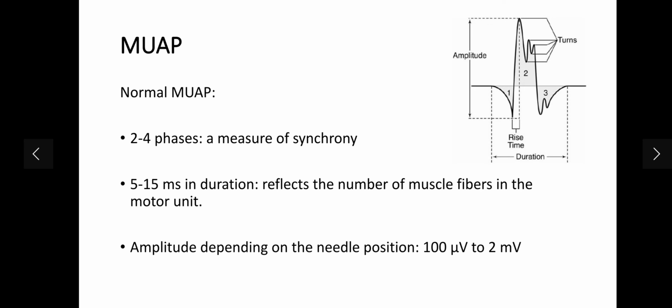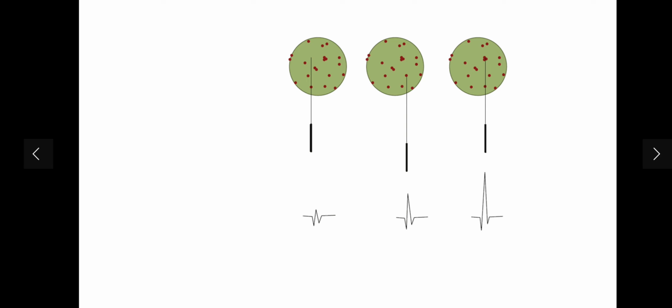If the needle is close to the muscle fibers, it will record a motor unit action potential that's high in amplitude and sharp. But if the needle is away from the muscle fibers, the amplitude will be smaller. So the amplitude itself is not a very good measure of the size of the motor unit.